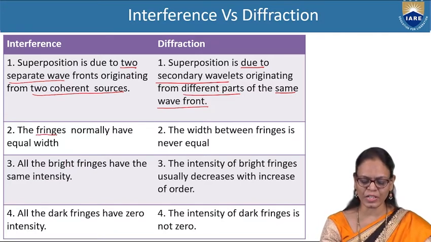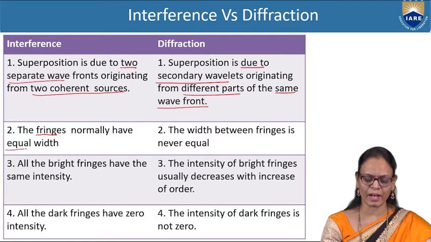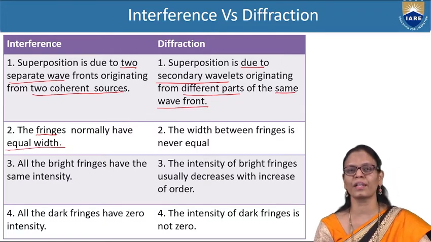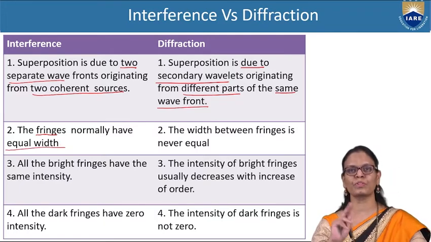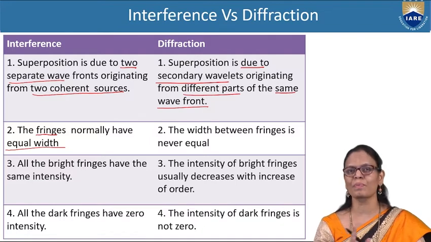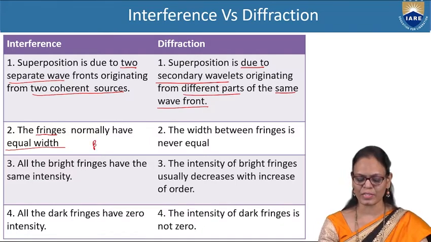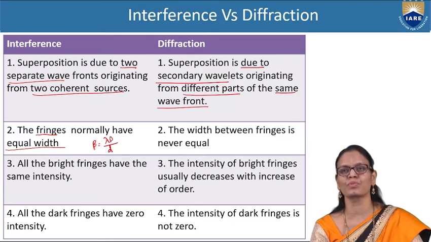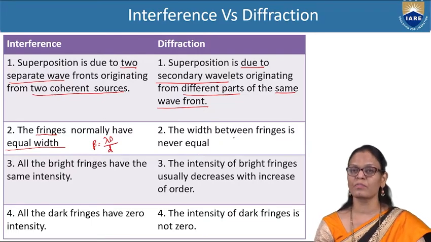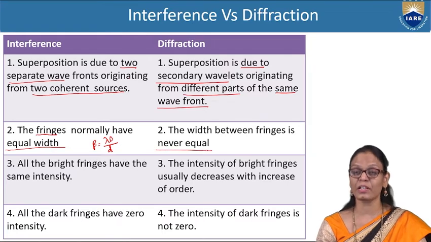And here the fringes normally have equal width. We have derived the expression for fringe width between two dark fringes or two bright fringes. Beta is equal to lambda D by d, and we have seen that it is the same for any two. But in diffraction, the width between the fringes is never equal.